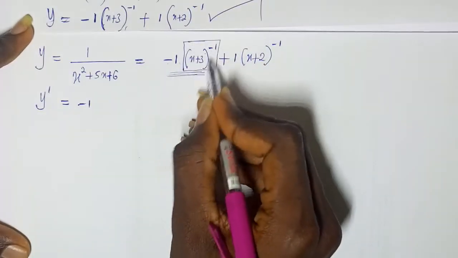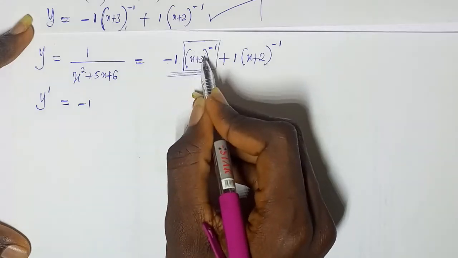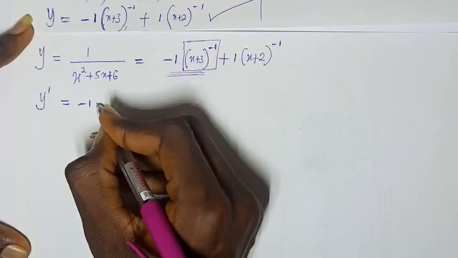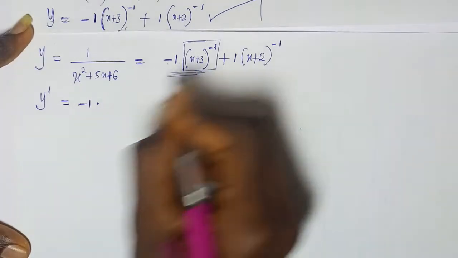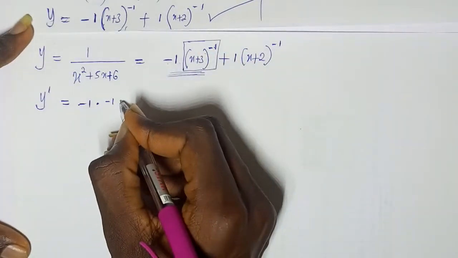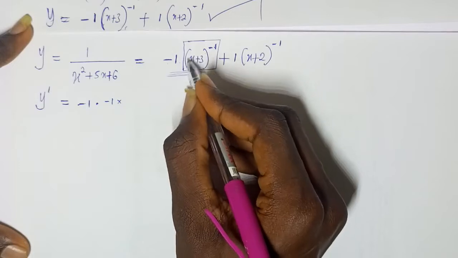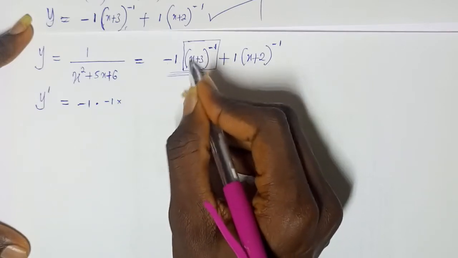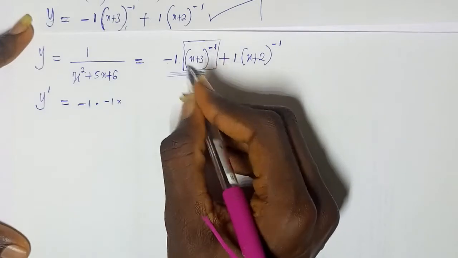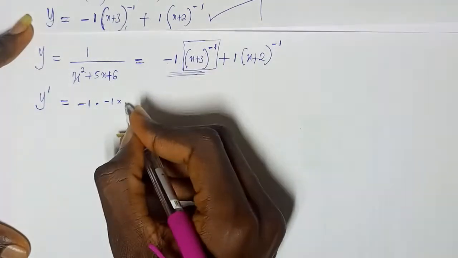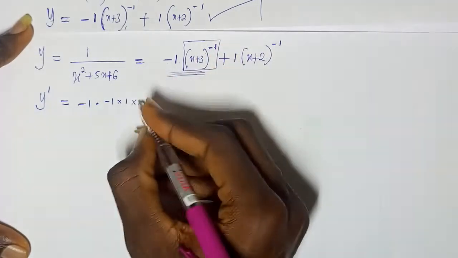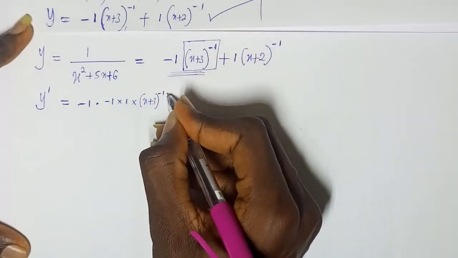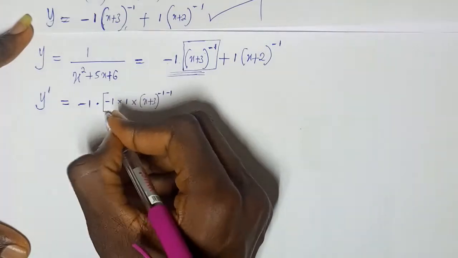When I differentiate this expression with respect to x, this power serves as the coefficient, so this minus 1 comes down, times the derivative of x plus 3, which is 1, right? Then times, repeat everything back, which is x plus 3 raised to the power minus 1, but you must subtract 1. So I think you should be familiar with this.